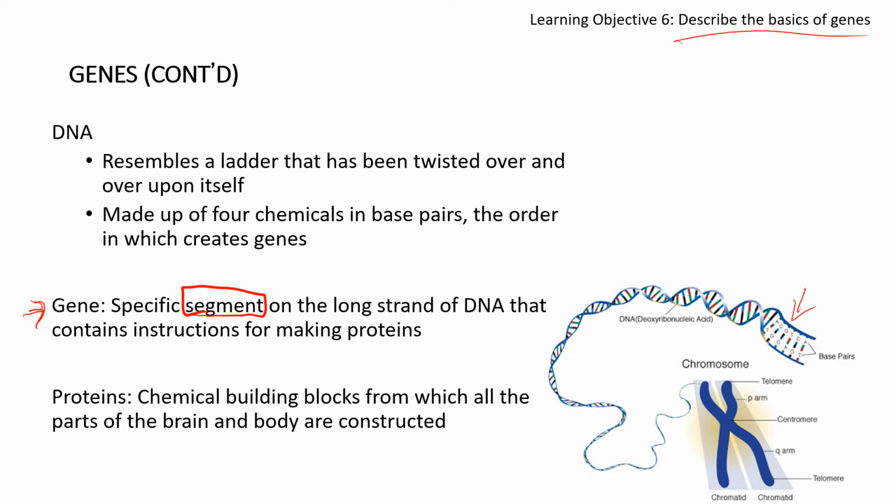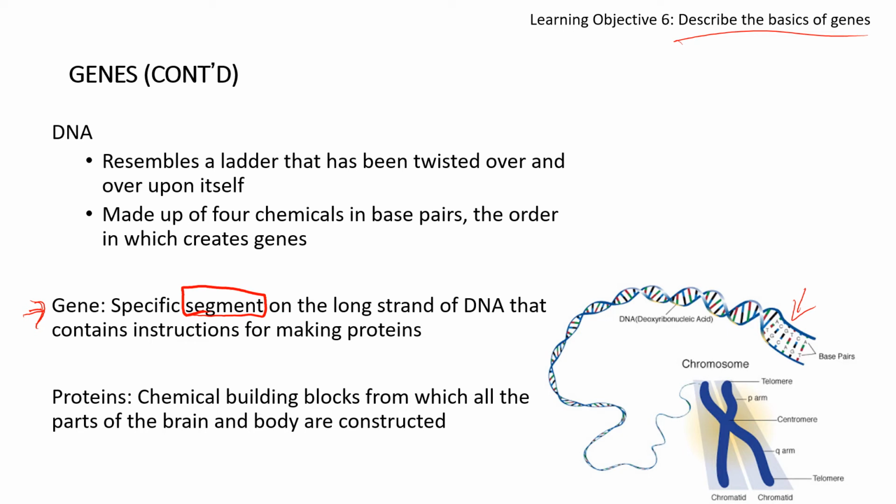Now, when you are born, when that sperm meets the ovum and you get a zygote, the resulting fusion of those 23 pairs of chromosomes results in you getting specific genes.